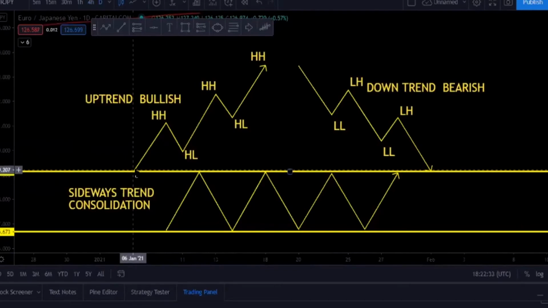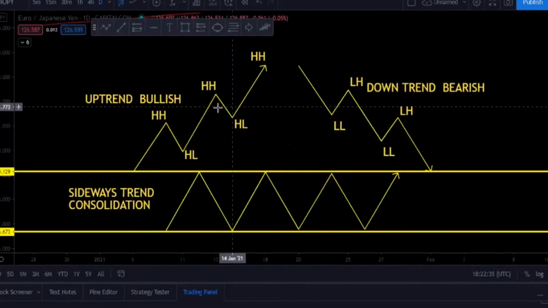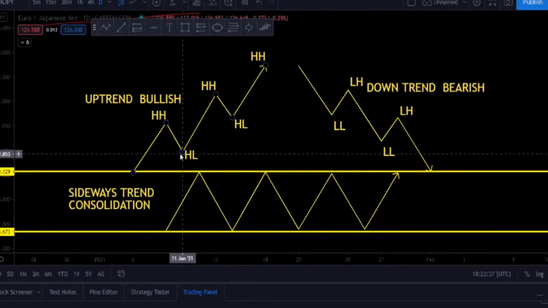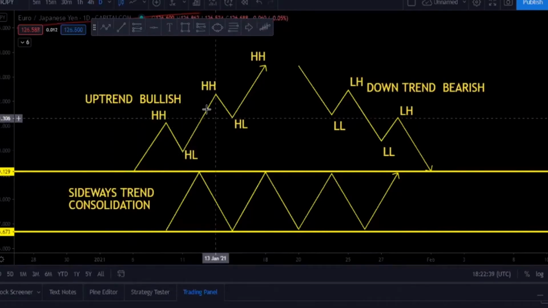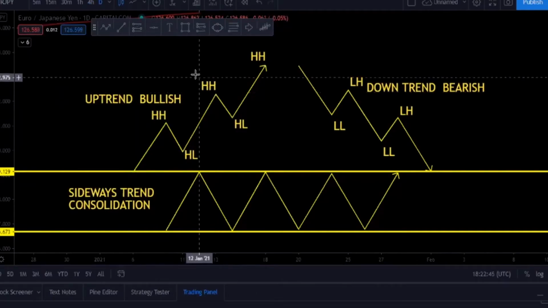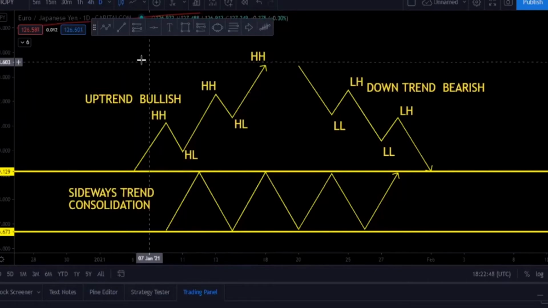So if this is a day time frame, it might pull back for 200 pips, but you're gaining another 400 or 500 pips. So time frame basically depends on the amount of your pip goal. If that answers your question.